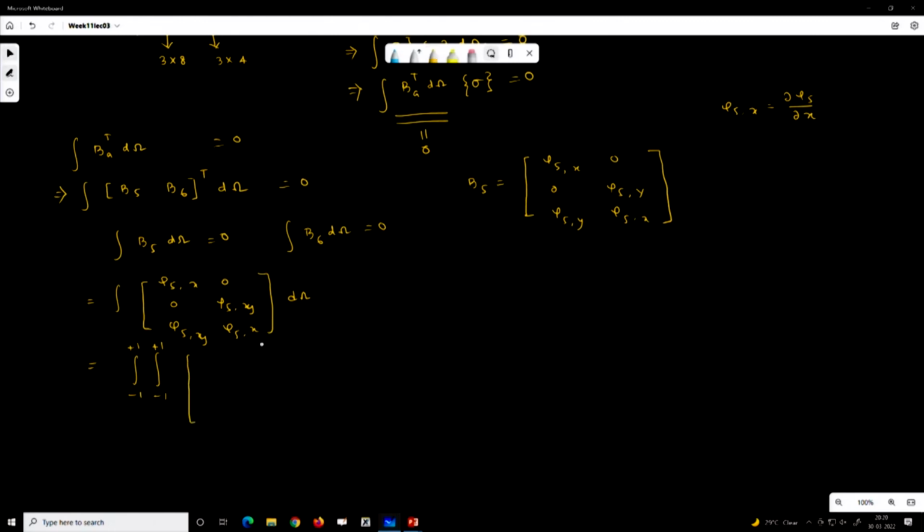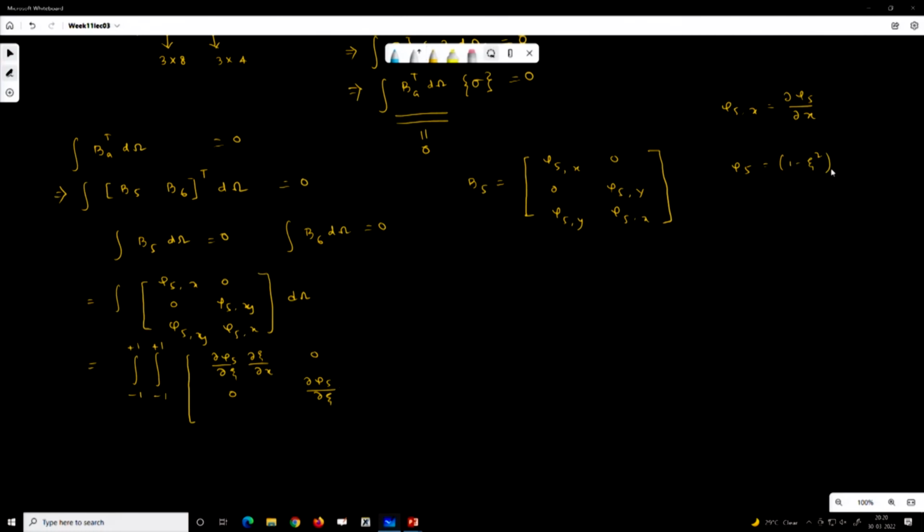Let me write what it comes to: del phi5 by del xi into del xi by del x. Then this is del phi5 by del xi. See, phi5 is my 1 minus xi square, right?